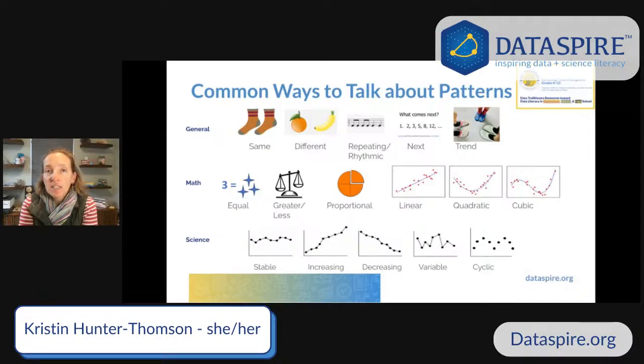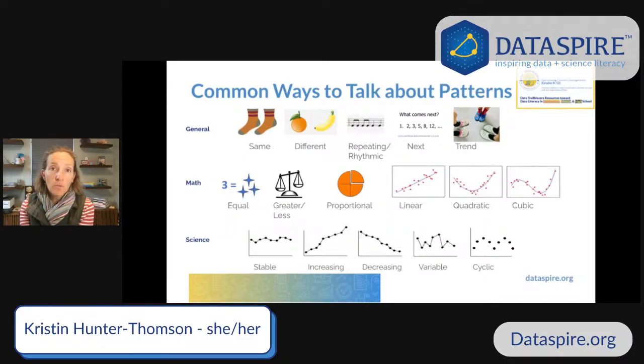off the cuff, some ideas are, as you're looking at some of these common patterns, especially if you're trying to get kids to see what's going on in the data as it is giving us information about the variable or variables that we are looking at, you could use prompts like, as fill in the blank changes, like first variable changes, what happens to the other variable?